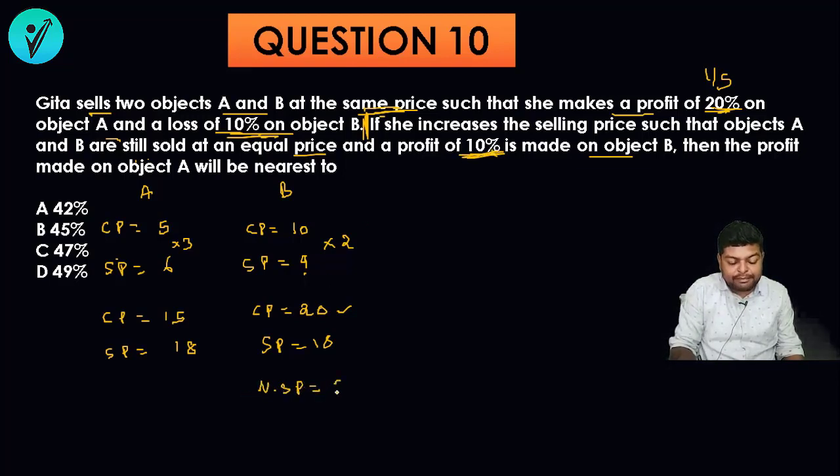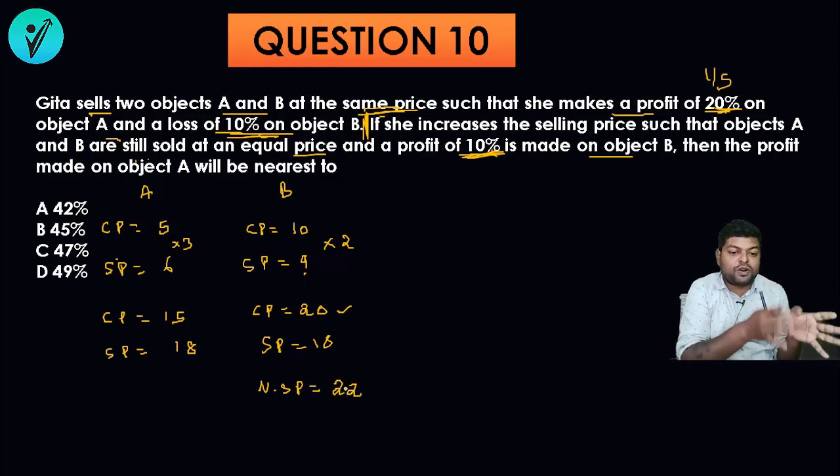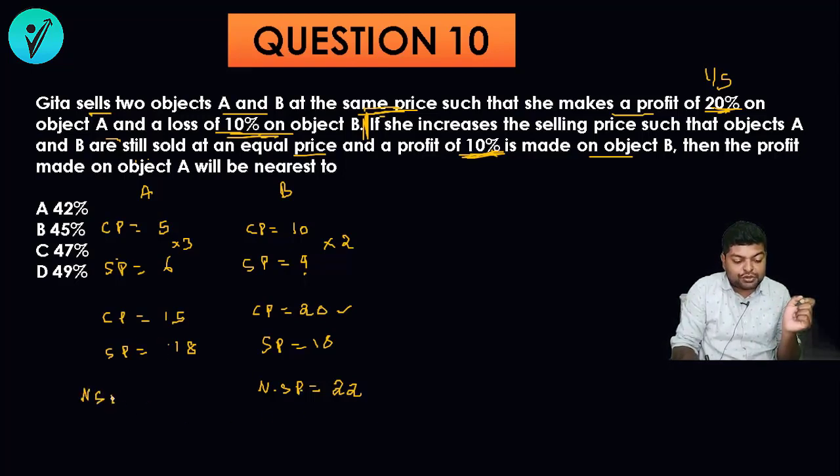Should my new selling price be 22 rupees? The cost price is 20 rupees. We want a profit of 10%. So my new selling price should be 22 rupees. And the question has said that the selling price of this and this should be same. Means the new selling price of this should also become 22.